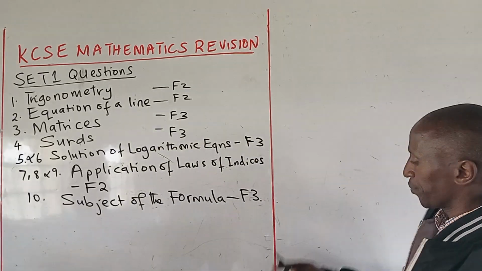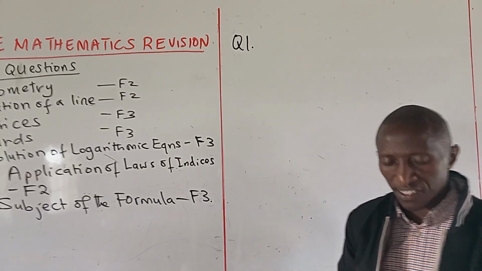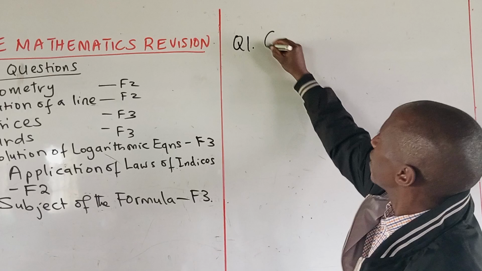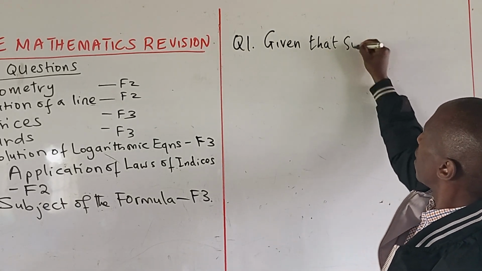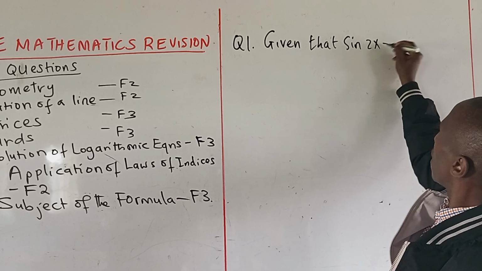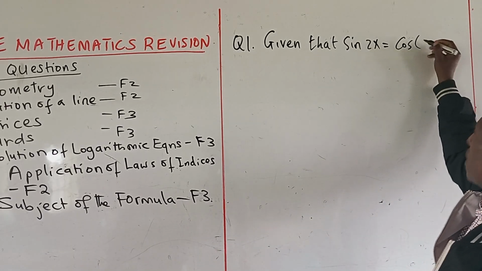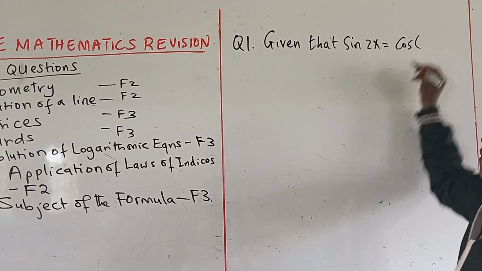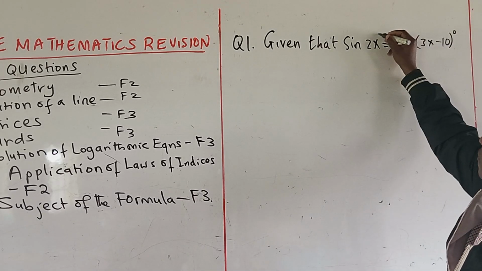We may be given a question that reads, given that sine 2x is equal to cos (3x minus 10) degrees.